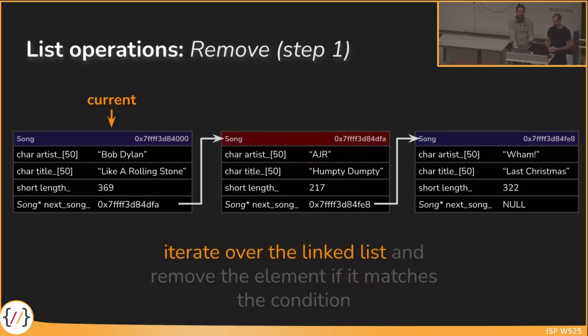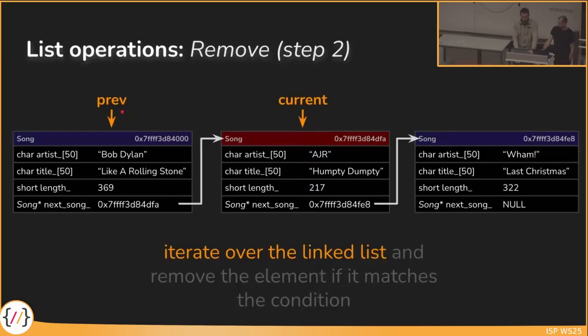Again, starting with the playlist head as the current element and iterating over the linked list until we reach the element we want to delete. This could be, for example, by checking for the name, the title, the artist, and so on. And then we reach the element that we want to delete, which is called current. And as you can see, similar to the practicals, we store a previous pointer.